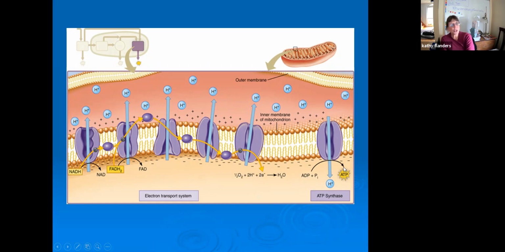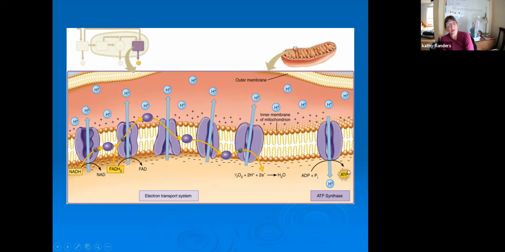The actual production of ATP is coming through this windmill. Because there's a lot of hydrogens on this side, and there's not many hydrogens on this side, our gradient, our diffusion goes from high concentration to low concentration, and it comes through this protein in our membrane.